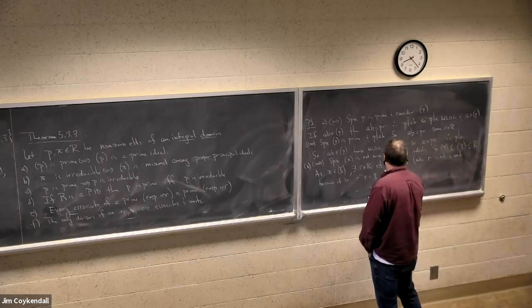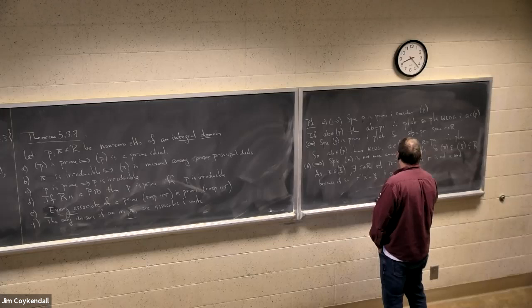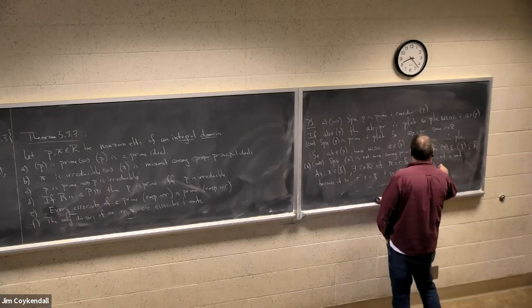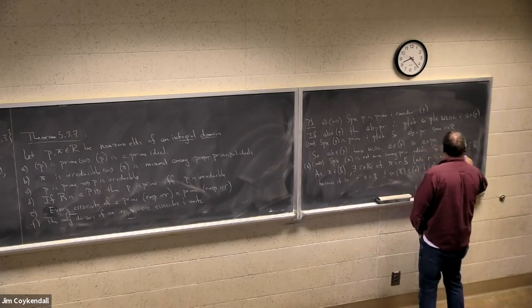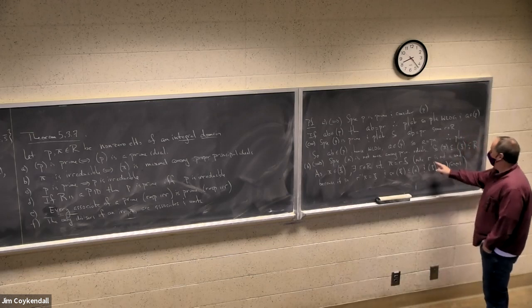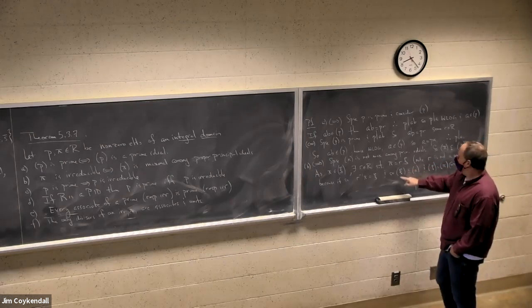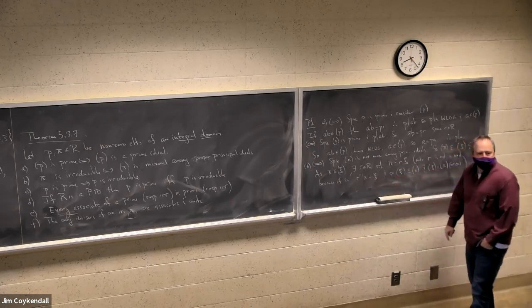And so this generator can't be a unit, because otherwise you get that this ideal is contained in the ideal generated by pi.